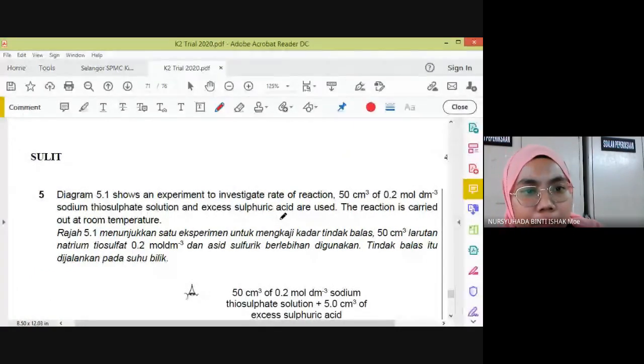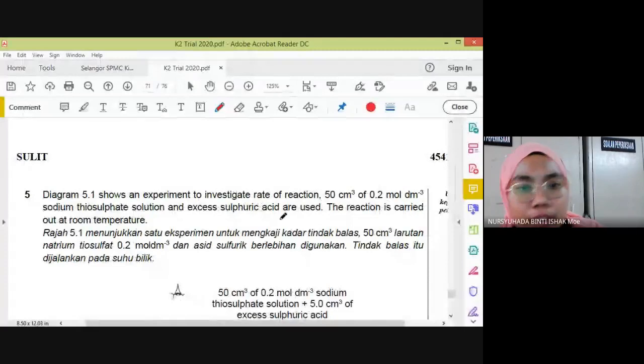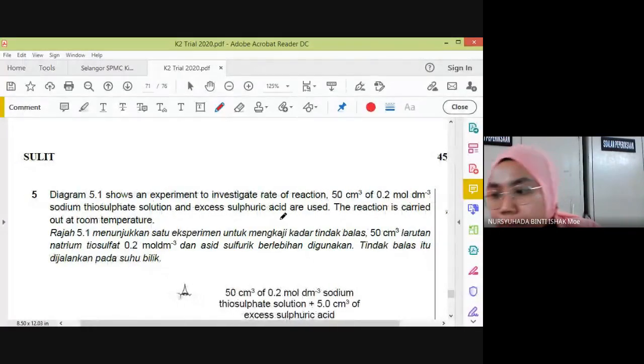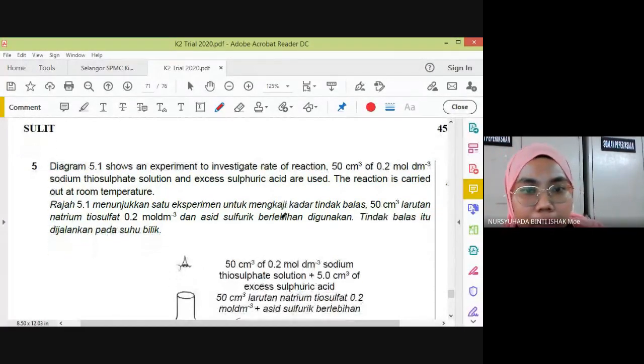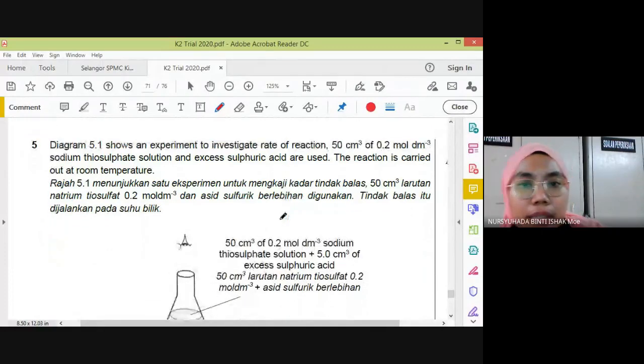Okay, question number 5. Rate of reaction. Dah belajar kan rate of reaction? Okay, 50 cm cube 0.2 mol per dm cube sodium thiosulfate and excess sulfuric acid. The reaction is carried out at room temperature.